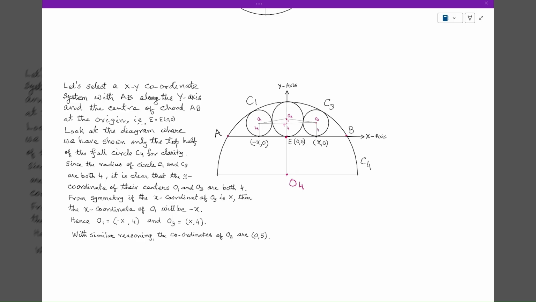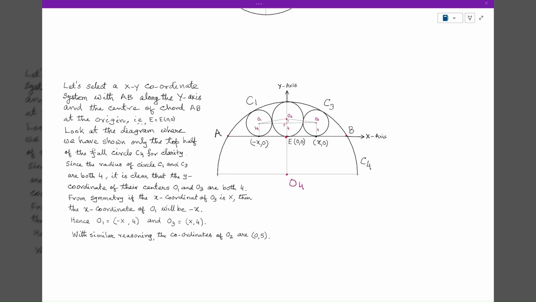Since the radii of the circles C1 and C3 are both 4, it is clear that the y-coordinates of these centers O1 and O3 are both 4. From symmetry, if the x-coordinate of O3 is x, then the x-coordinate of O1 will be minus x.